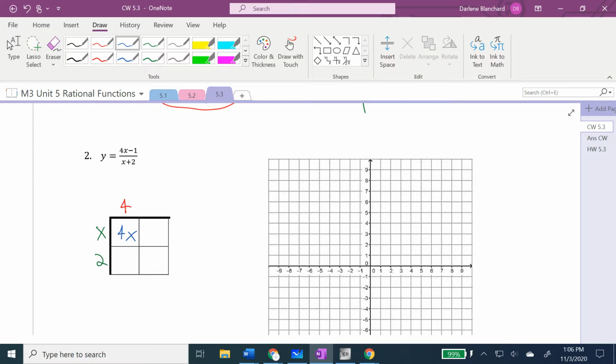Then you can complete 4 times 2 gives you 8. And then you need to add to 8 something that will make negative 1. And so what number needs to be added to 8? You got it. And at this point, the division is done.